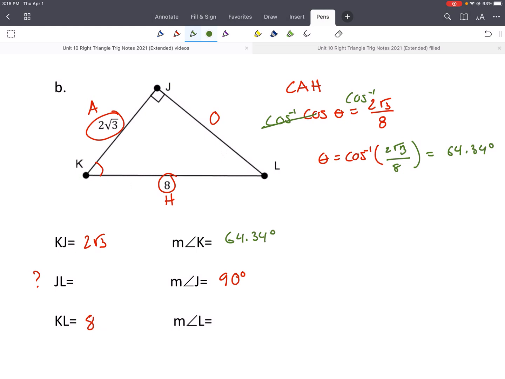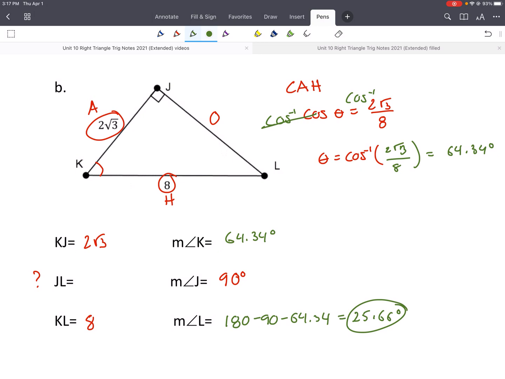We need to figure out what angle L is. Again, we could do 180 minus 90 minus 64.34 degrees, and that gives us 25.66. You don't need to use that way. You could use trig again, use this as your reference angle, and solve for that angle.